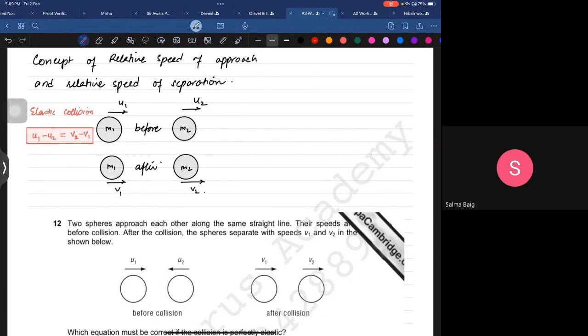If the left-hand side is equal to the right-hand side, that means it is an elastic collision. When it comes to an inelastic collision, you can use this formula, but the left-hand side, u1 minus u2, will not be equal to v2 minus v1.